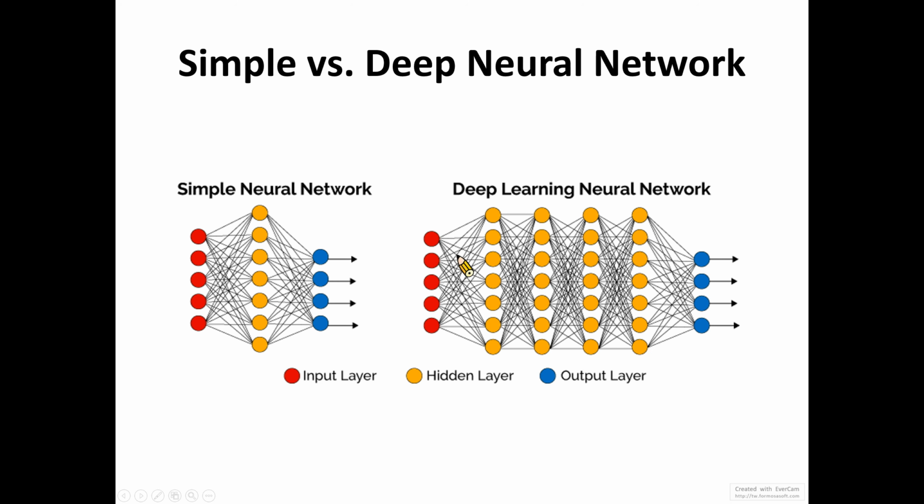Let's first take a look at the difference between a simple and a deep neural network. As we talked about in the previous course, the major difference is the number of layers. A simple neural network has only one hidden layer.